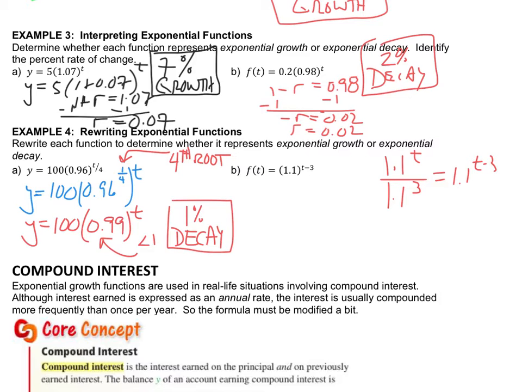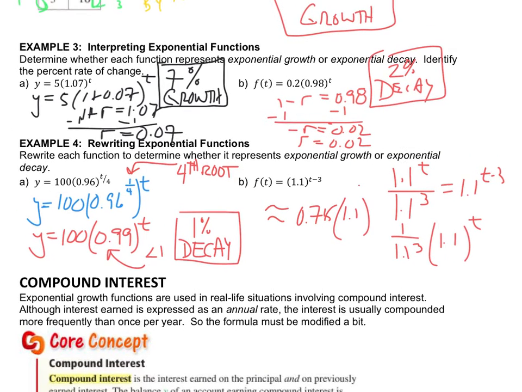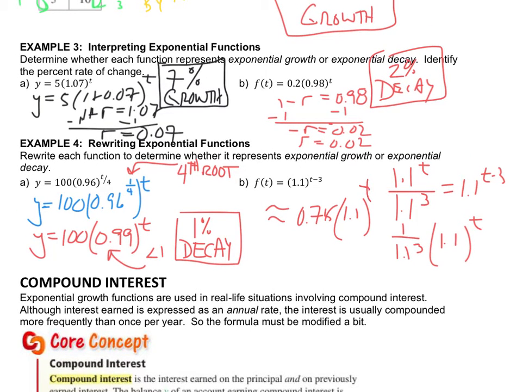So if I think this out a little bit further, this is now 1 over 1.1 to the 3rd times 1.1 to the t. Well, with a calculator, 1 over 1.1 to the 3rd becomes approximately, it's not exactly this, 0.75 times 1.1 to the t.